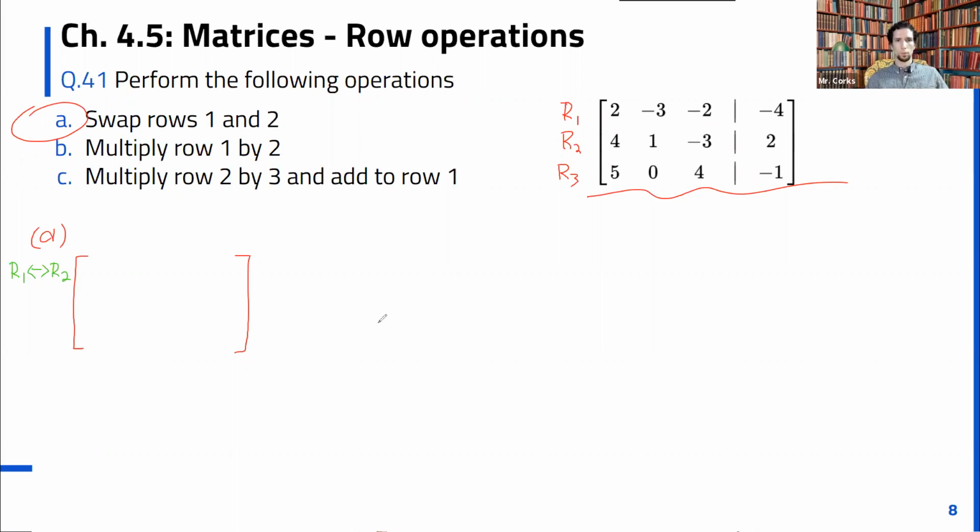We just change their places? Yeah. So it will be 4, 1, -3, 2. Good. And the new row 2? 2, -3, -2, -4. And row 3 here is not changing. We're not doing anything to row 3, so that will just be the same thing.